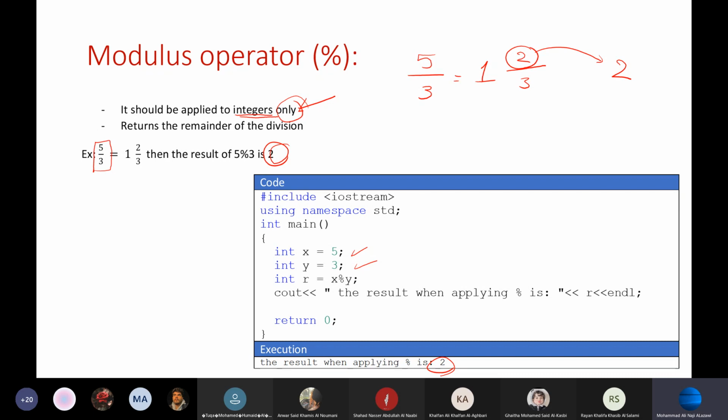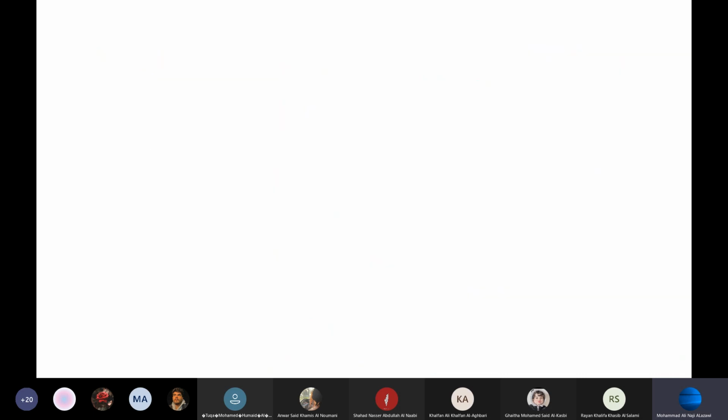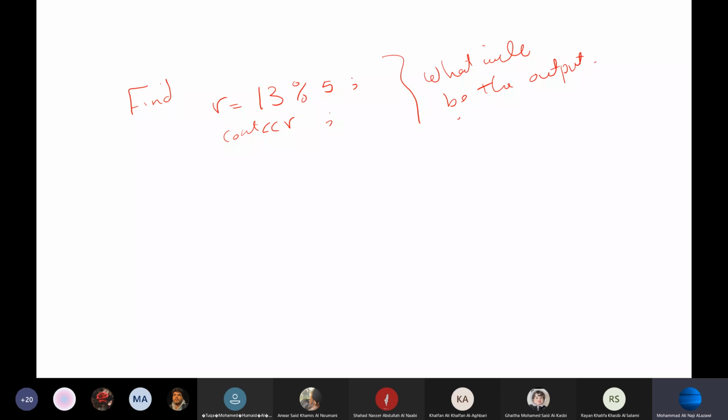Okay? Just to avoid having a boring lecture, I'll give you this question. Find R if R equals 13 mod 5. cout R. What's the output of this? What will be the output? Come on, I'm waiting for your answers.